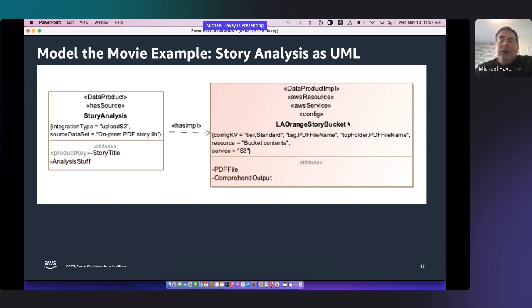LA Orange Story Bucket is a data product impl. It's an implementation, and I tie it to the truck. So the LA Orange Story Bucket has a specified AWS resource and service. The service is S3, the resource is bucket contents. And you can see some additional detail here. For example, story title is a product key for the story analysis.